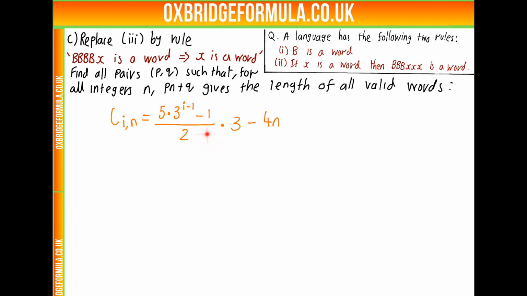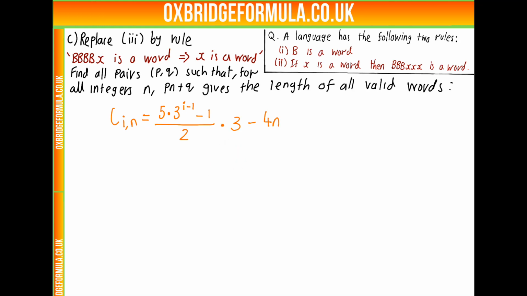This is what we did in A for a given I. But remember, by what we just said with showing that 3 then 2 is replaceable by 2 then 4 lots of 3, we can assume that we do 1 and 2 first lots of times and build a word and then just apply 3 so many times to get to our aim. So we know this, and then we take away 4n for n applications of rule 3. And so we know any word must be of exactly this form, of this length.